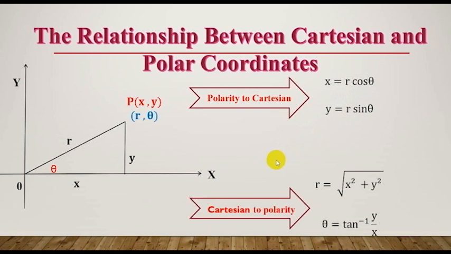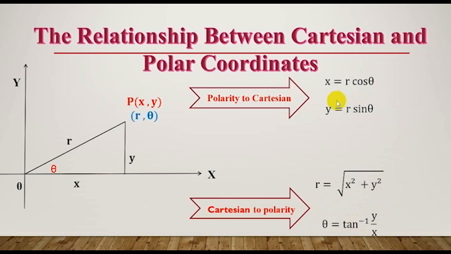If we look at the other face of the coin, Cartesian to polar means that you have x and y. To get r, you take the square root of x squared plus y squared, and to get theta, that means tan inverse of y over x.